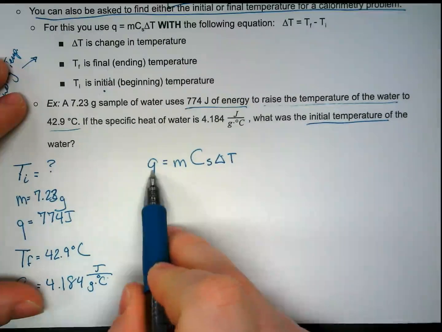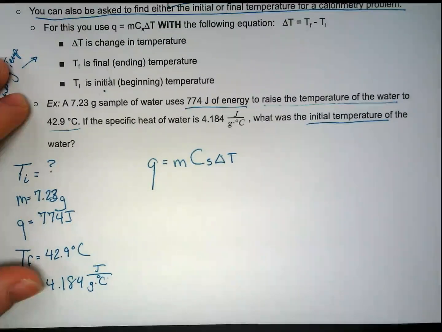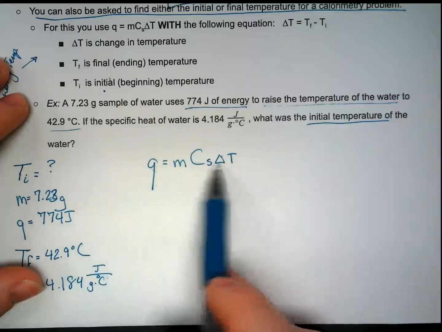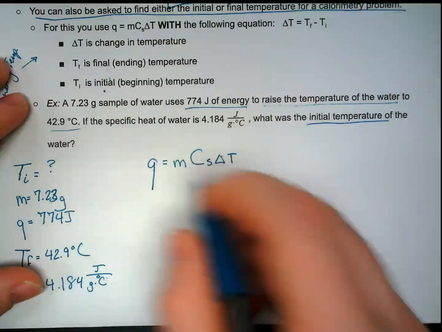We have Q, we have M, but we need to figure out the initial temperature. So I want to arrange this equation before we plug anything in, so that we're solving for initial temperature.